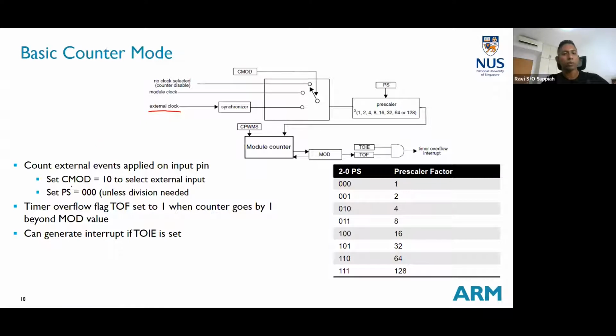So you set your CMOD to 1 0. In most cases, for external clock, you may not necessarily need a prescaler. Okay, so you set prescaler to 0, and then you can decide whether you want to generate interrupts if I hit some overflow condition. Okay, so that is in a counter mode of design.